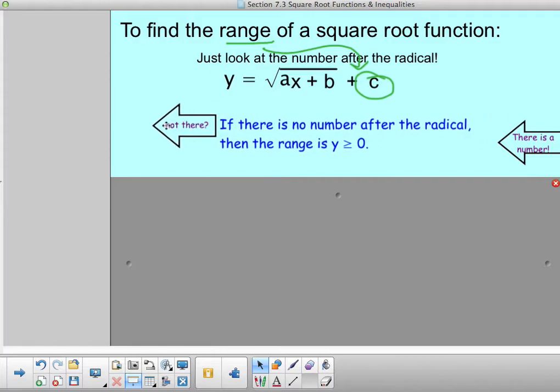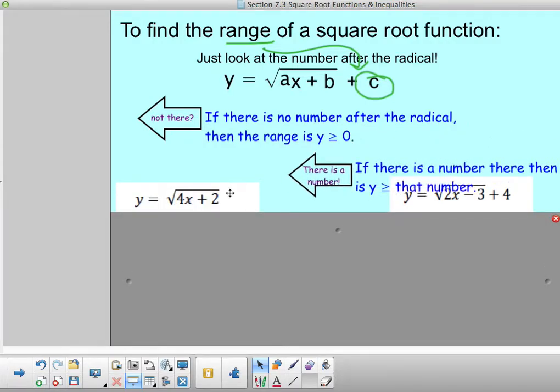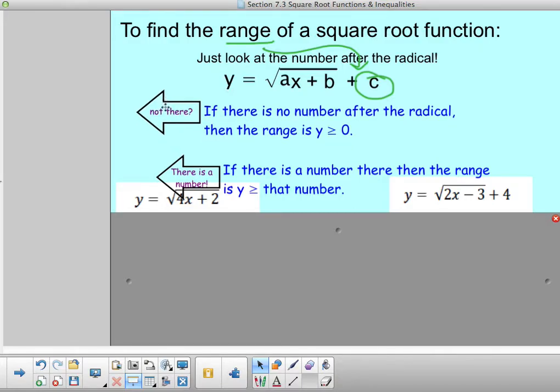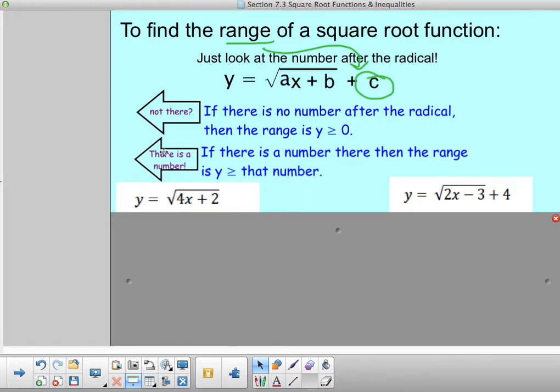If there's no number after the radical, then the range is really just y is greater than or equal to 0. If there is a number, then the range is y is greater than or equal to that number. So notice it's always y is greater than or equal to whatever it is after the radical.